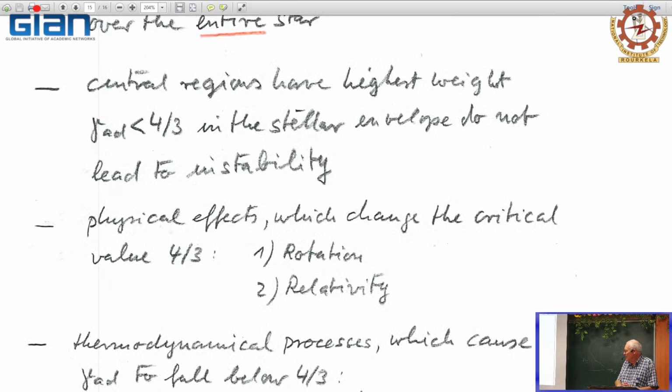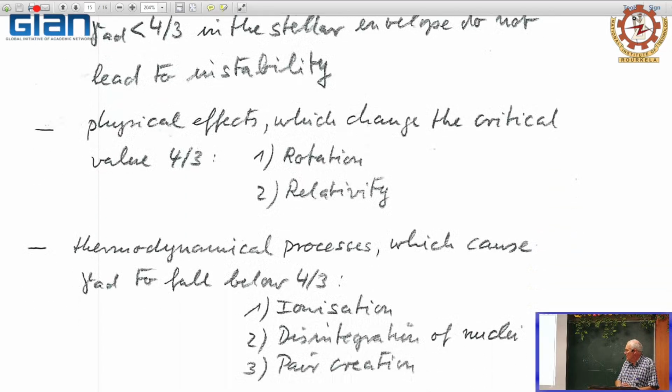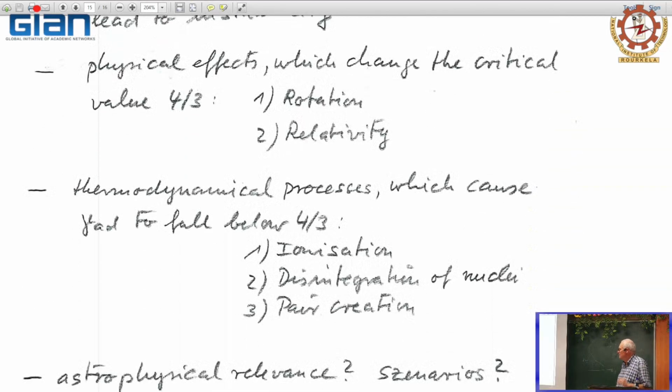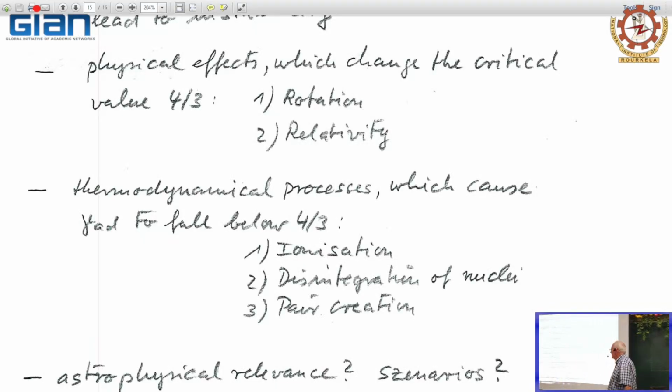Well, the thermodynamical processes which can push down the adiabatic index below 4/3 are ionization, as we saw, or the disintegration of nuclei, which appears at the final phase of a star.